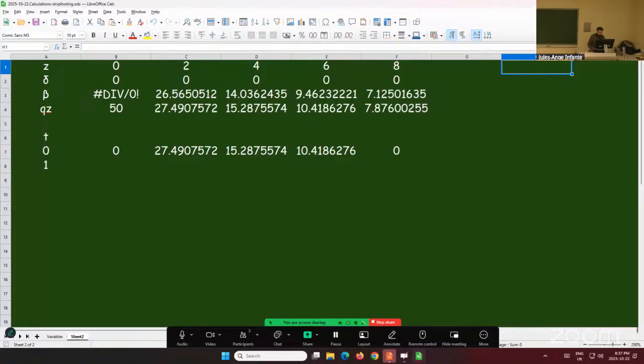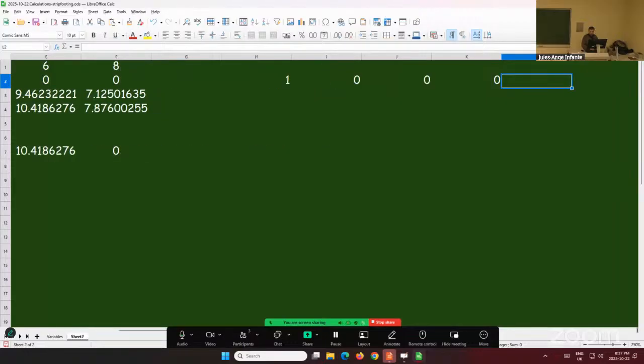Okay, so if we go matrix wise, we said it's R, so 1, 2, 5.